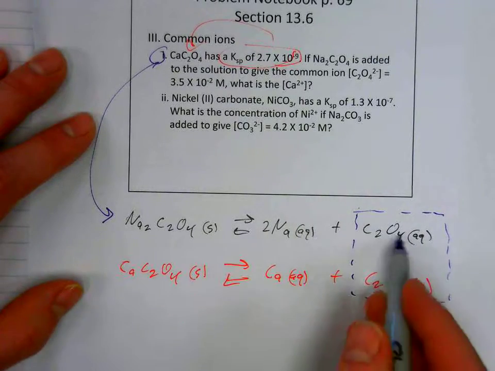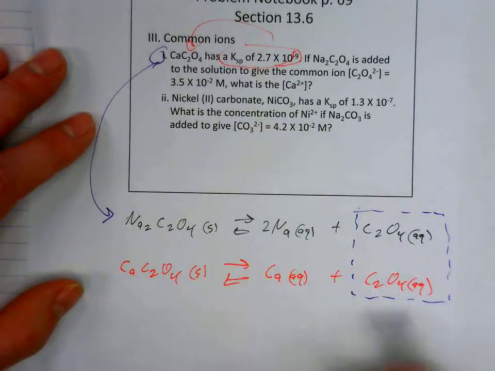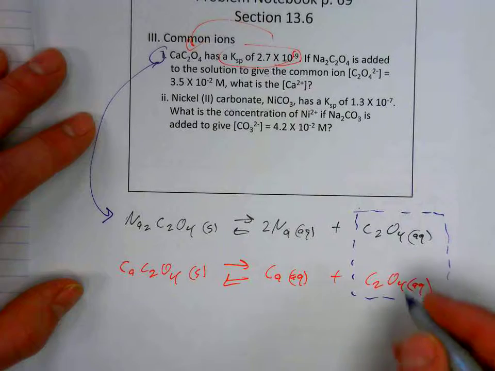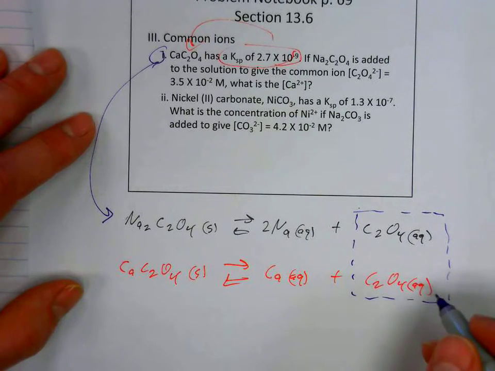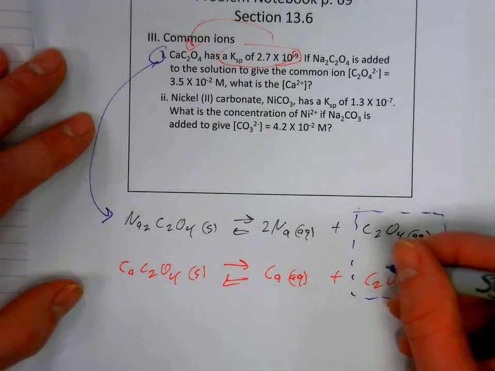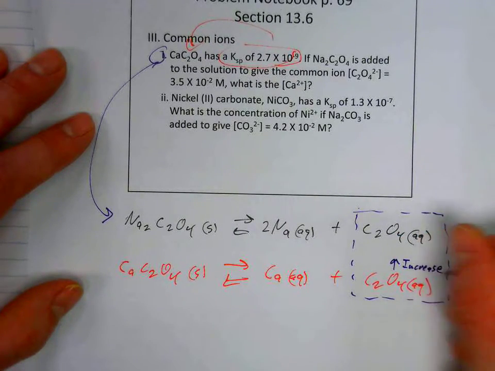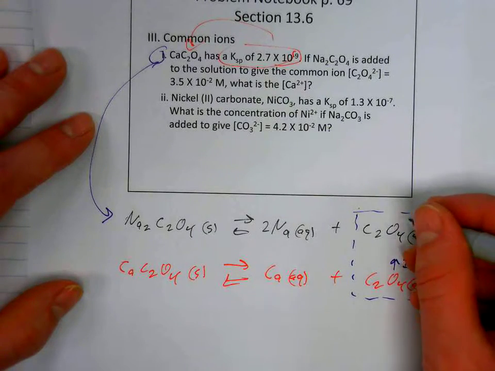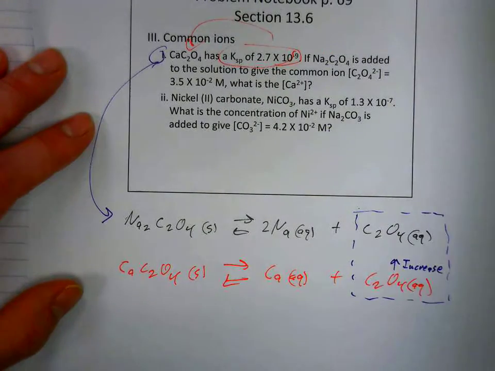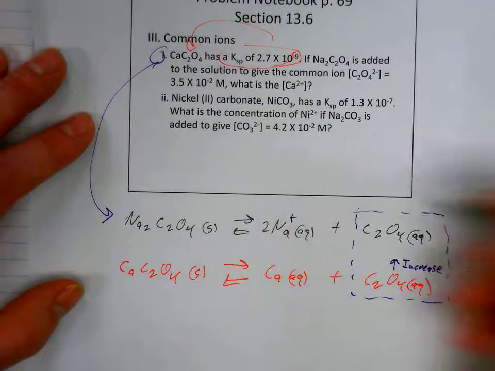So by adding the sodium chromate to a solution containing this in equilibrium, it stresses the system according to Le Chatelier's principle. It adds more of this, the chromate ion increases, and there should be 2 minus here. I forgot to put the charges on, so there should be 2 minus and 2 plus and 2 minus.